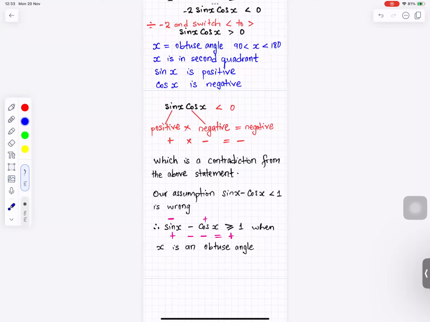Our assumption, that sine x minus cos x should be less than 1, is wrong. Sine positive minus cos x negative. So that's what it gives us when x is an obtuse angle. An obtuse angle means sine is positive and cosine is negative.